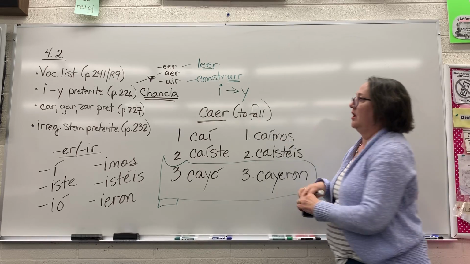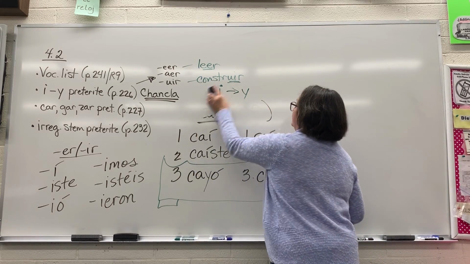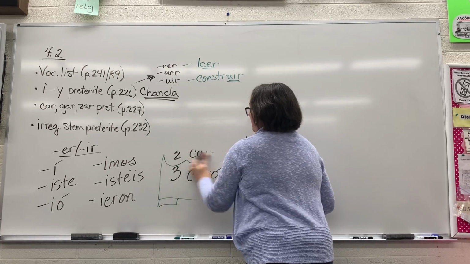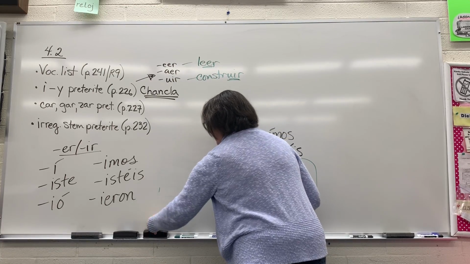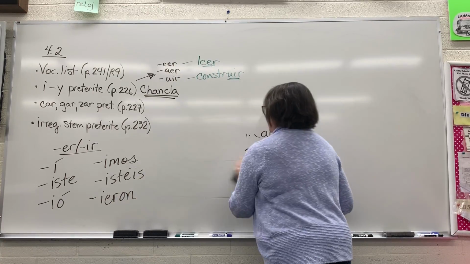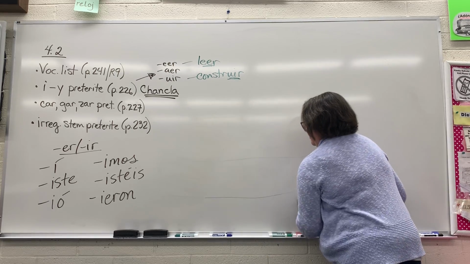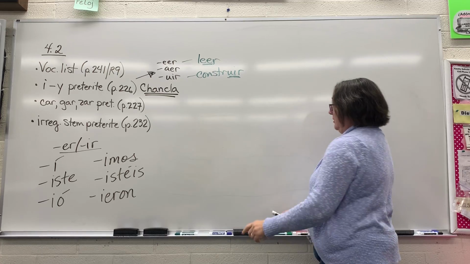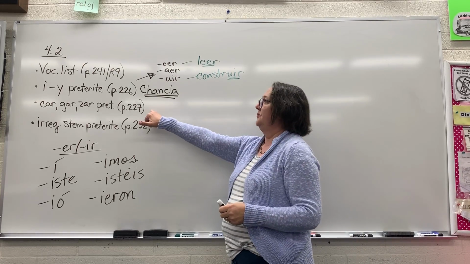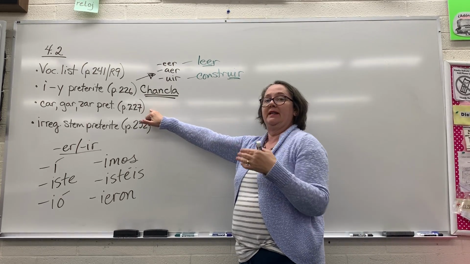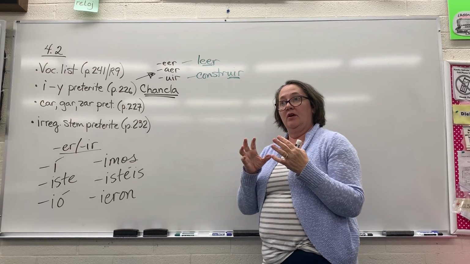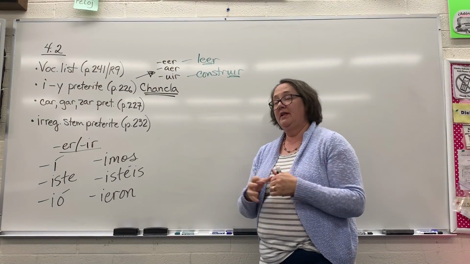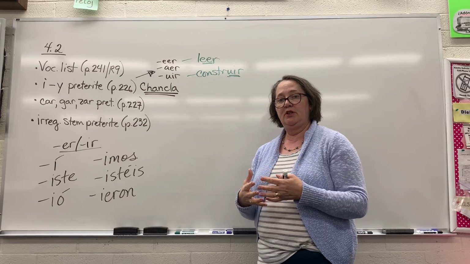Let's go on to the car-gar-zar verbs. Okay, so car-gar-zar verbs are another set of verbs that are a little bit irregular in the preterite, and so they're going to have another spelling change.